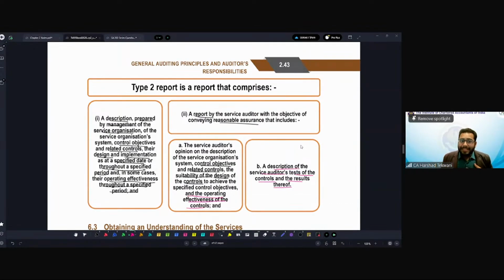So as a service auditor, I have to provide the detail of what testing I have performed. When you add the period, the operating effectiveness, and the tests performed by the service auditor, it becomes a type 2 report, for a particular period, which shows the operating effectiveness.